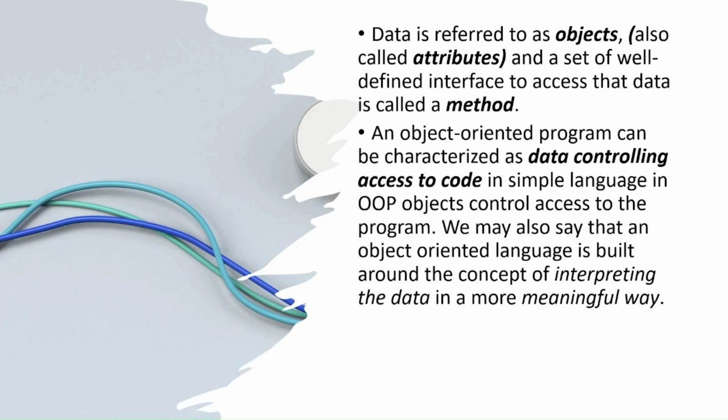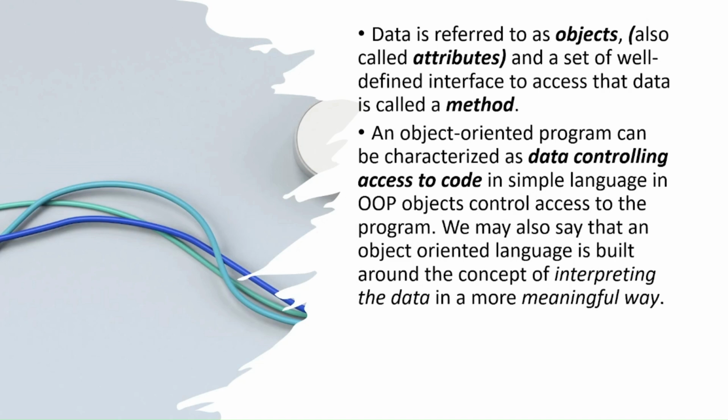They're called methods. Okay. So an object-oriented program can be categorized as data controlling access to code. So in simple language, objects control access to the program. And we may also safely say that the object oriented language is built around the concept of interpreting the data in a more meaningful way.